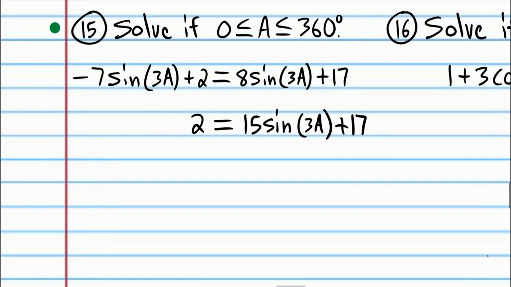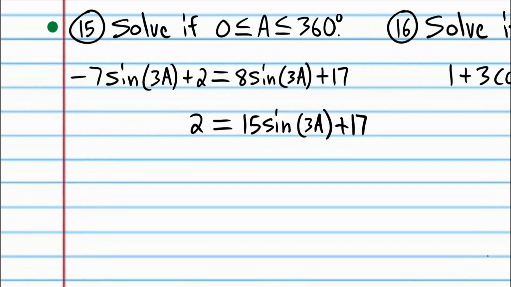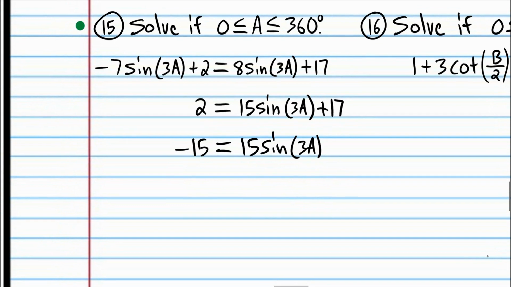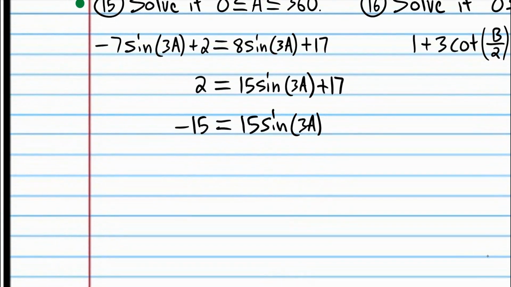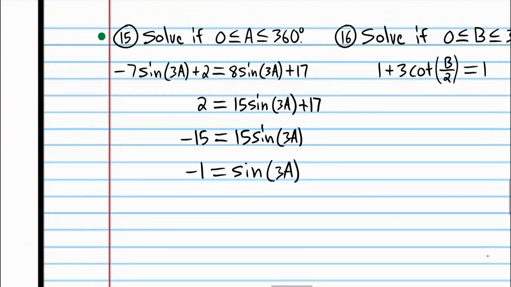So I'm going to subtract 17 from both sides, and then I get negative 15 on the left side of the equation. And then I'm going to divide by 15 on both sides. And again, we can see that we have a collapsed triangle because sine is equal to -1.